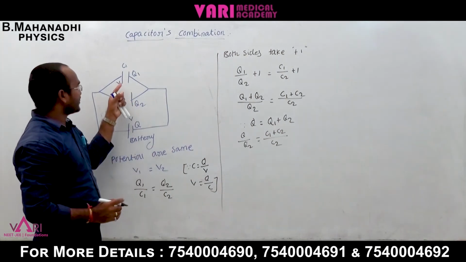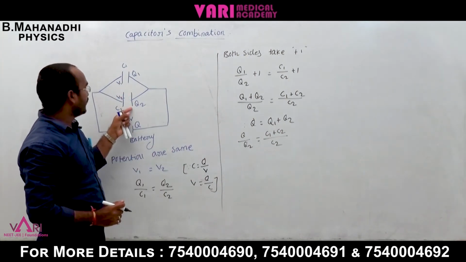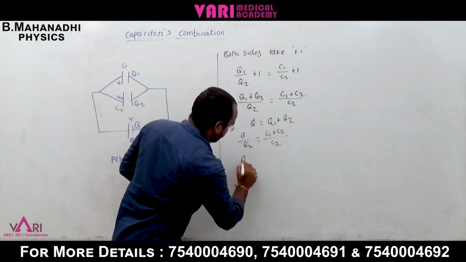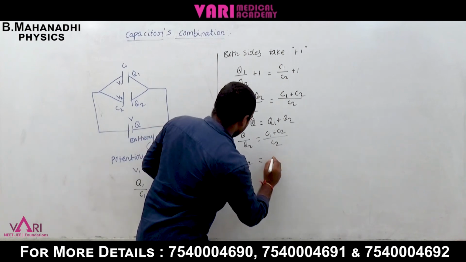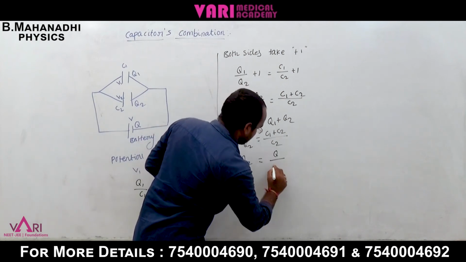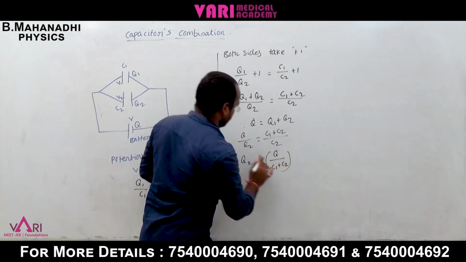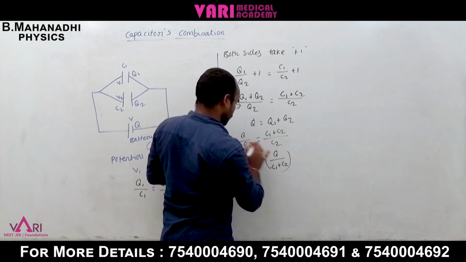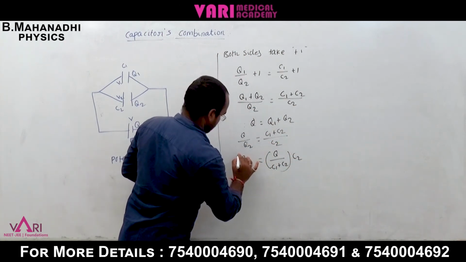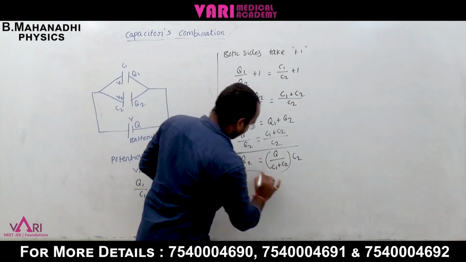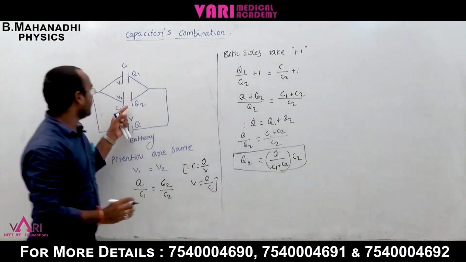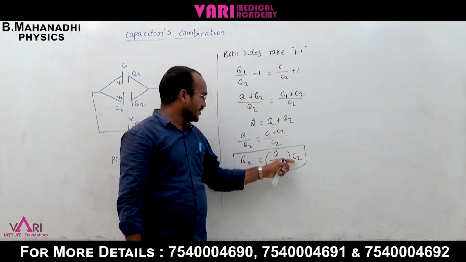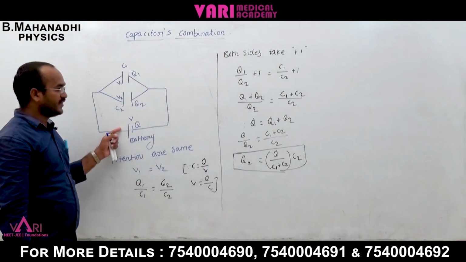Now for the charge on each capacitor, first Q2: cross multiplied, Q2 is equal to Q by C1 plus C2 into C2. This equation gives the second capacitor of the charge Q2 equal to Q by C1 plus C2 into C2. Q is the battery of the charge.